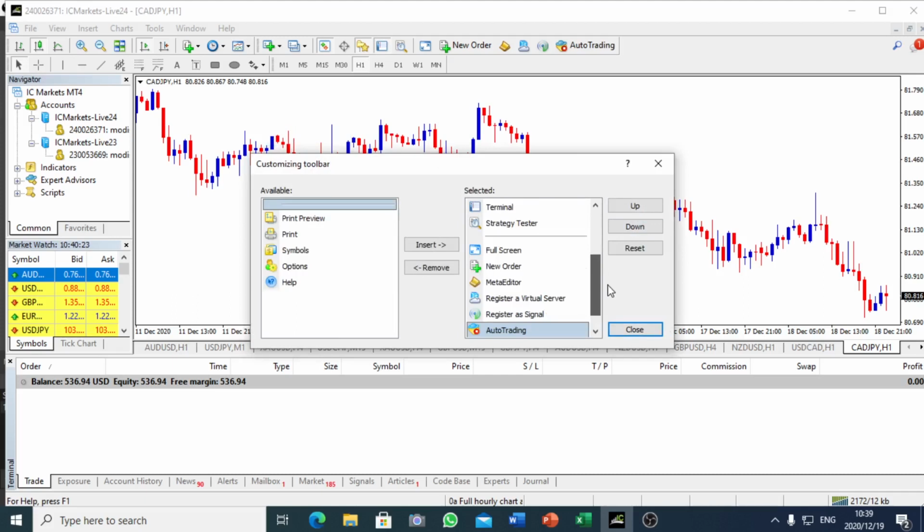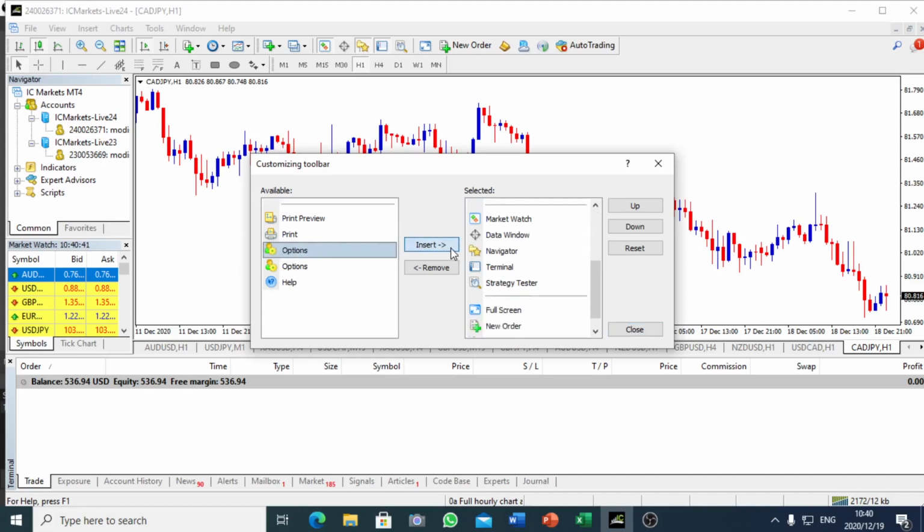Maybe for an example, what is it that I don't have here? I don't have a print preview. I don't have a print. I don't have symbols. I don't have options, and I don't have help here. Let me just insert another one. Let me say I want to insert symbols. I'll go to insert. I have inserted symbols just after auto trading.